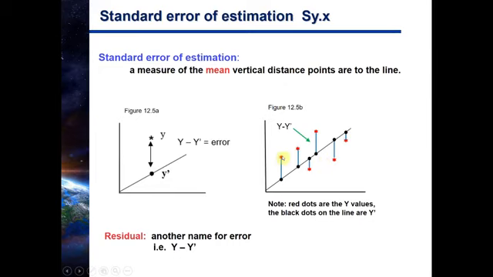So in other words, if we were to take all these y minus y primes and calculate, using a formula, what is the average distance that those points are to the line, we would see that that average distance is as small as it possibly can be. So what Sy.x is doing is it's not measuring one specific distance that y is to y prime. That would just be one specific distance. It would be one residual. What Sy.x is doing is it measures the average distance that all points are to the line. All right, that's an important distinction.